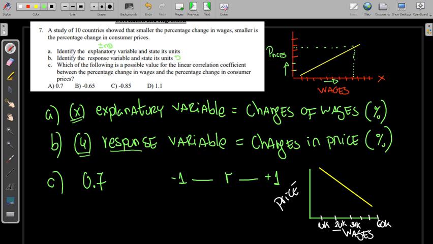This is the dependent variable, and that's the Y, and that's the result of the X. So if we have an X, then we're going to have a response or an answer in the variables. So this is the changes in prices. This is the X, and this is the Y variable.